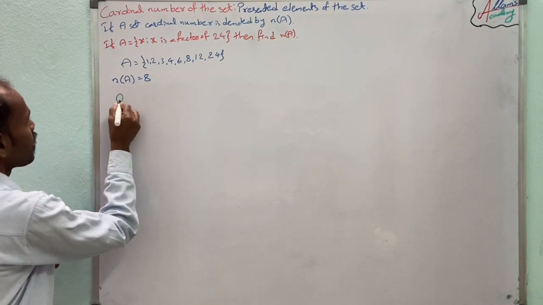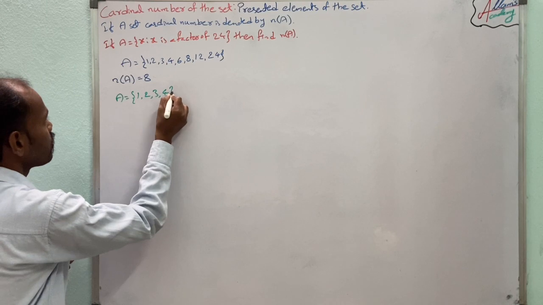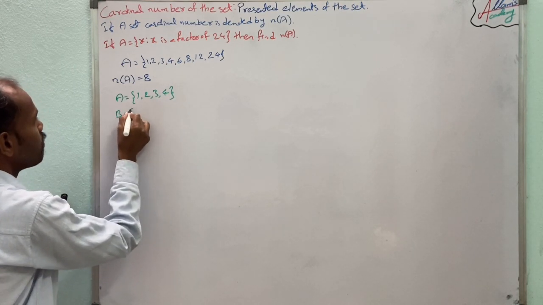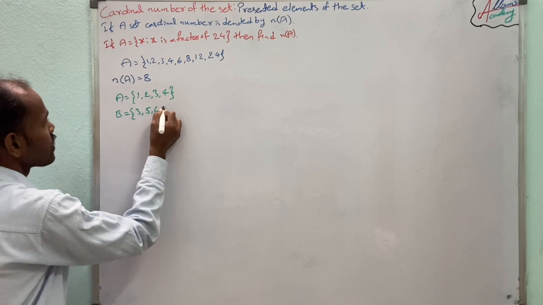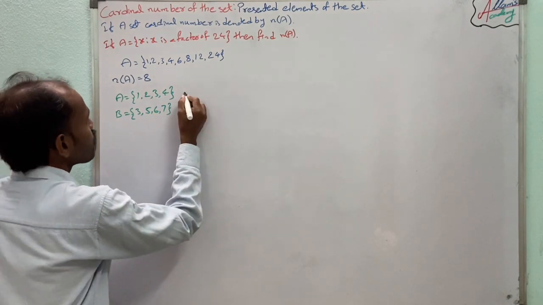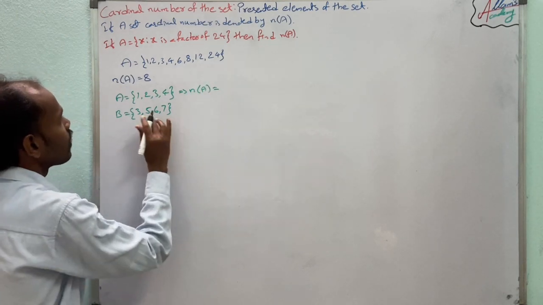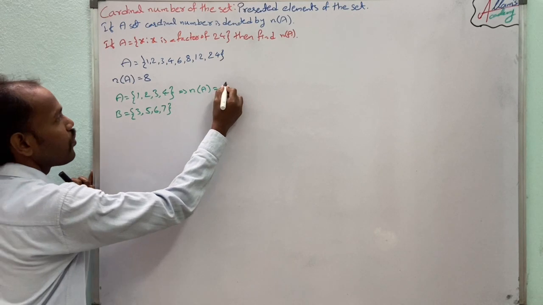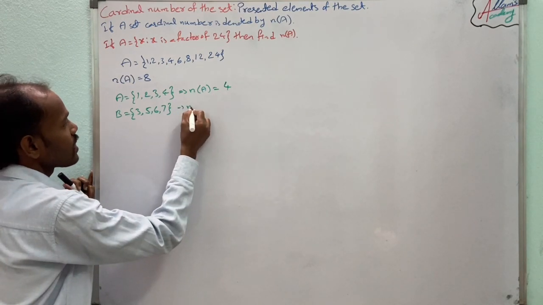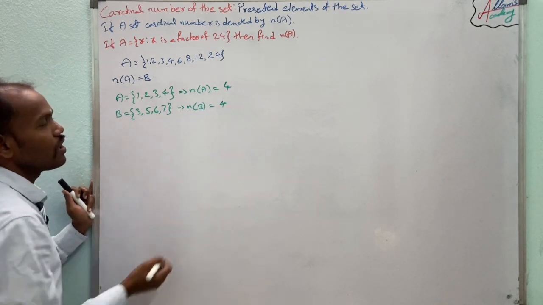For example, the given set A has the elements 1, 2, 3, 4 and the set B has the elements 3, 5, 6, 7. From this, n(A) equal to, how many elements does the first set contain? 4. The second set contains n(B) equal to 4 also.